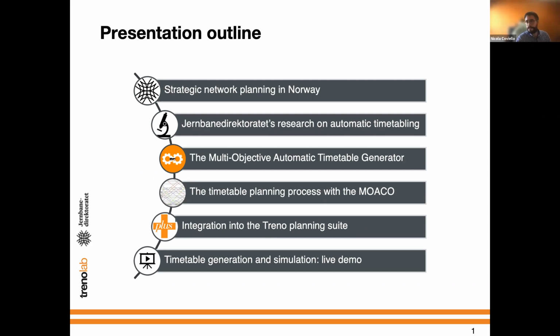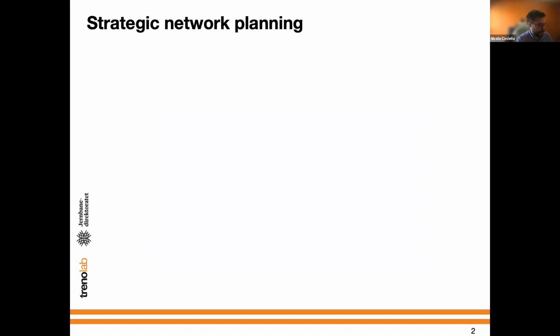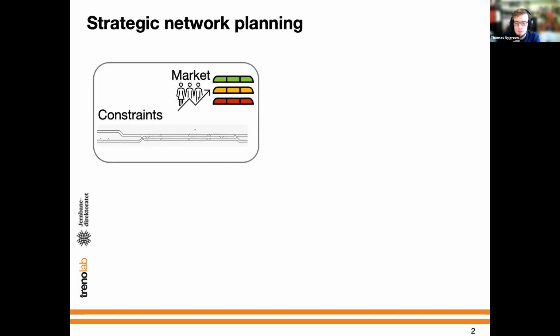So I will pass my voice to Thomas from the Directorate, who will introduce us to the world of strategic network planning in Norway. Please, Thomas. Thank you, Nicola. I work at the Norwegian Railway Directorate, the Jernbanedirektoratet, and we are responsible for the strategic network planning of railways in Norway.